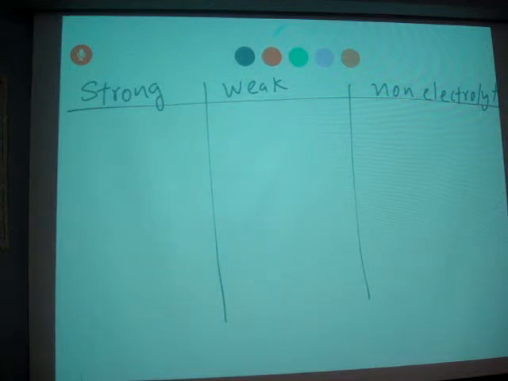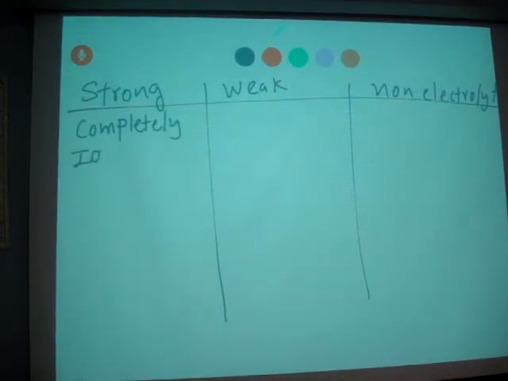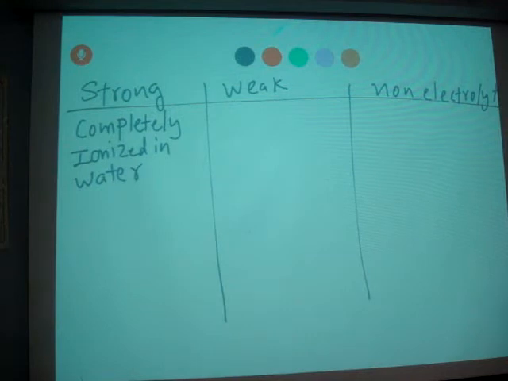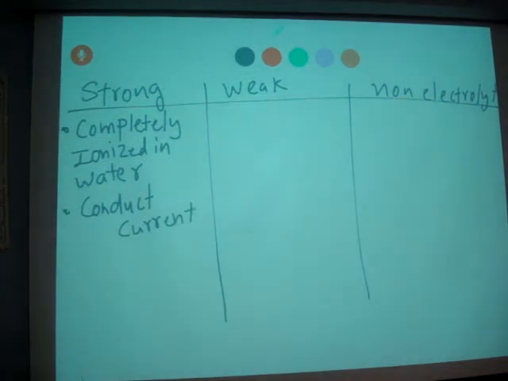Strong is completely ionizing in water, and it conducts current, and the bulb shines brightly.